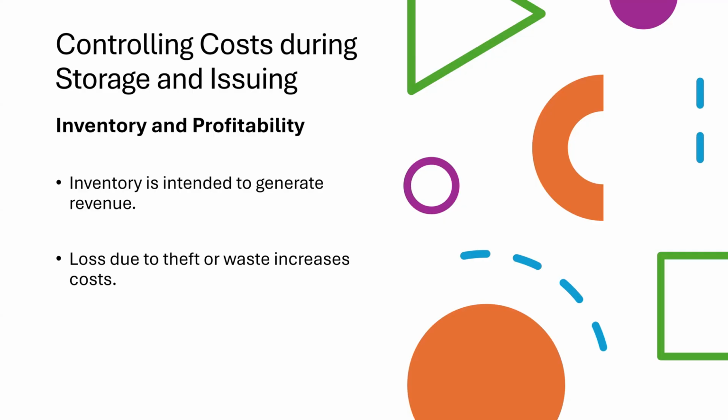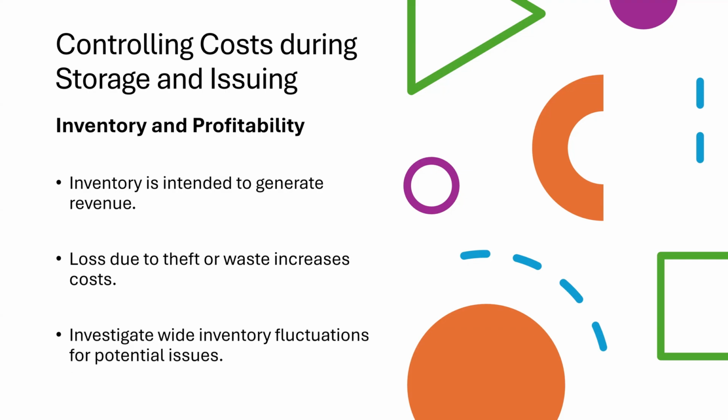So we have to figure out the waste, and we have to stop the theft. If there are any wild fluctuations, we want to check them out. It could be just a keying error, but maybe it's not. We need to address where something came from or why that expense is out of whack.